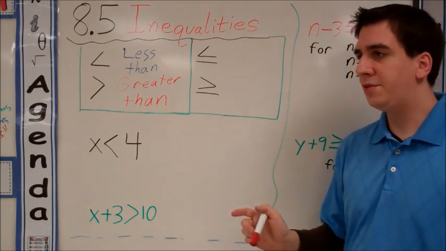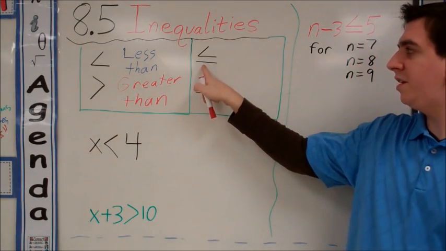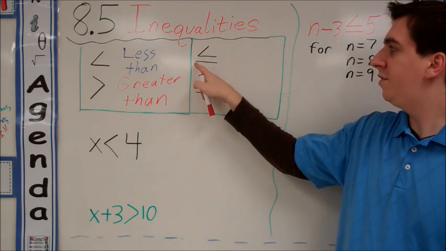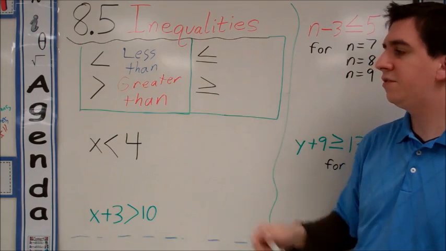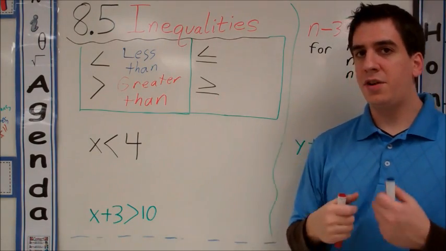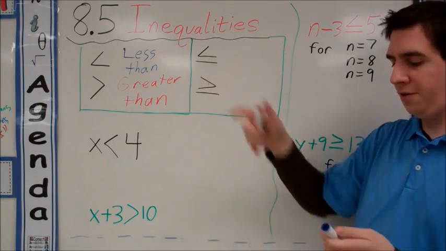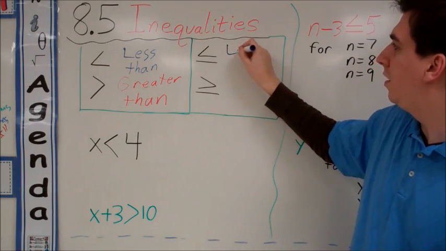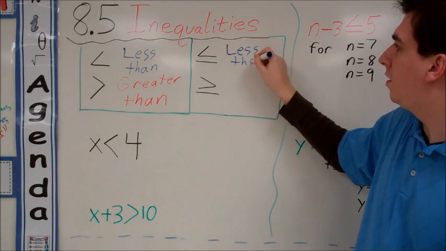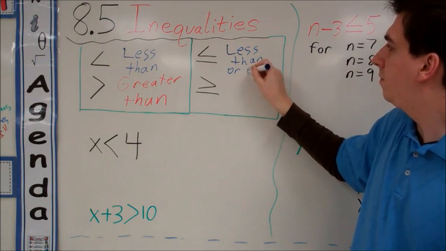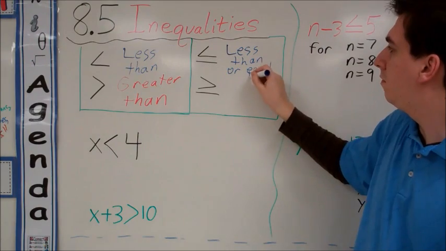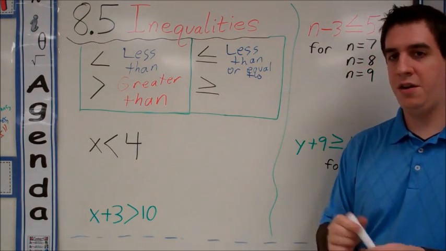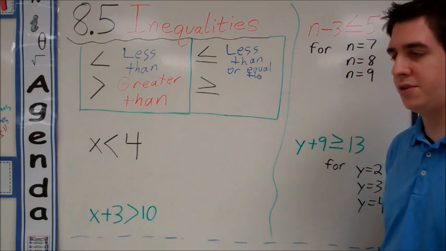Now we're going to have two new symbols also. We have this symbol that looks like this, and this one that looks like that. You'll notice they both have the little slash under them. That means or is equal to. So our first one means less than or equal to. Another term that you would hear for this one is at most.